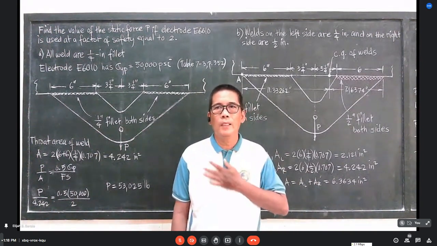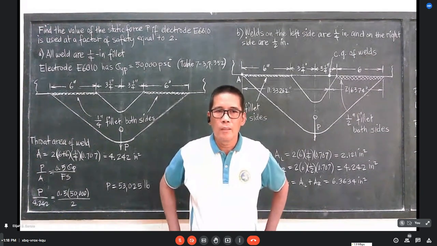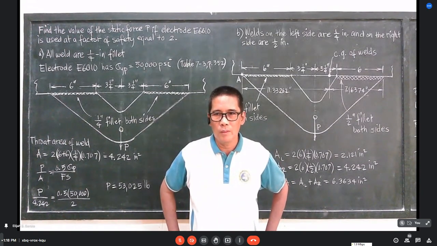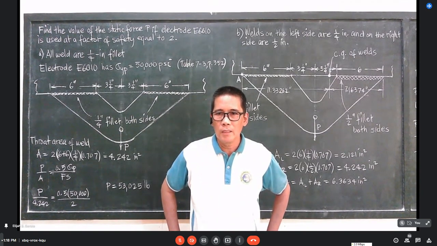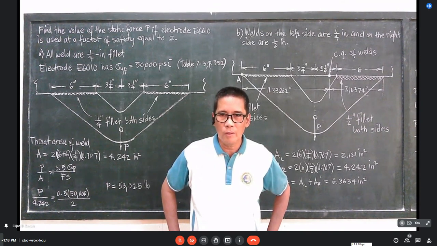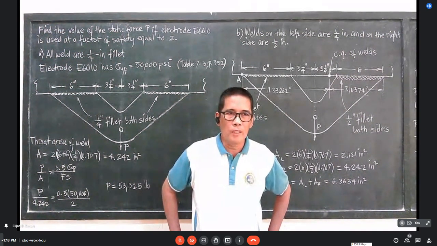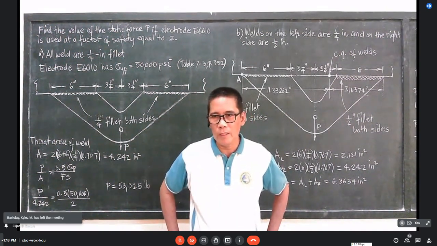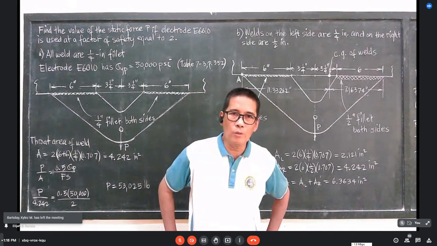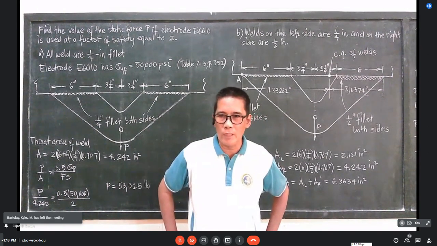However, when it is eccentric, we have two components of load. One is the direct load, because we transfer the loading from its position to the center of gravity, and that will also cause twisting.